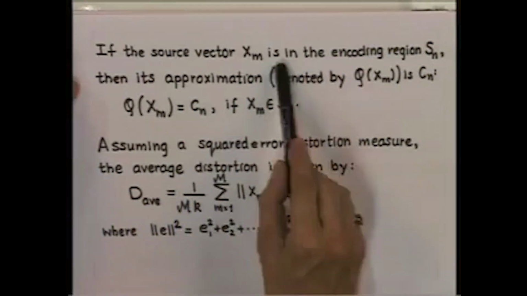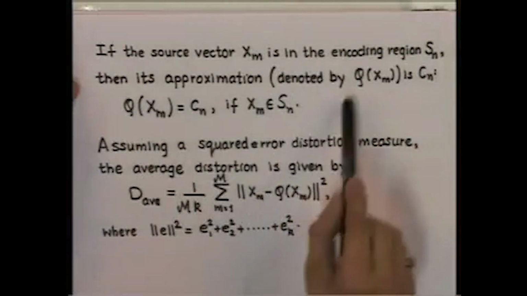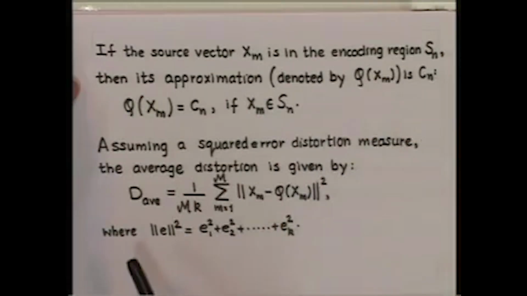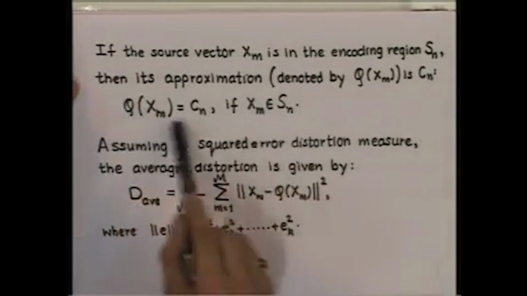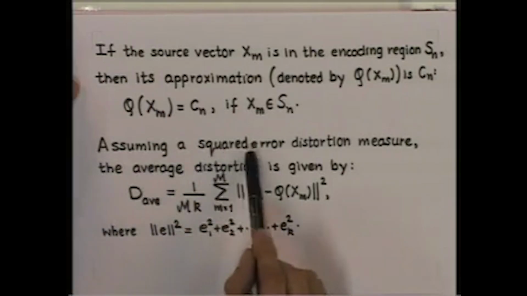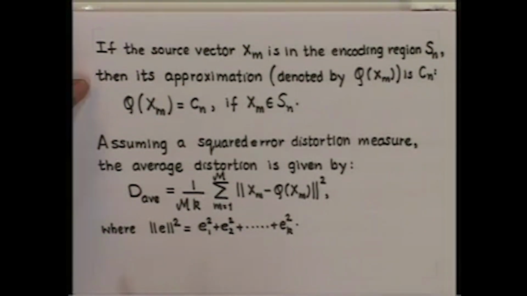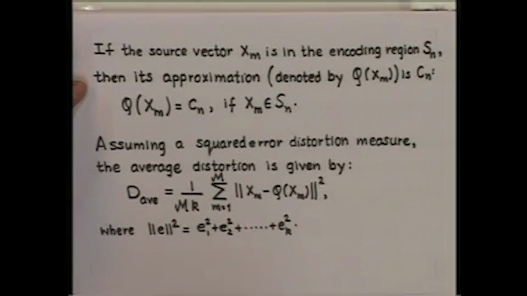Now, if the source vector X_m is in the encoding region S_n, then its approximation, denoted by Q(X_m), is C_n. Mathematically, it means this. Now, assuming a squared error distortion measure, the average distortion is given by this expression, where the norm is the Euclidean norm.